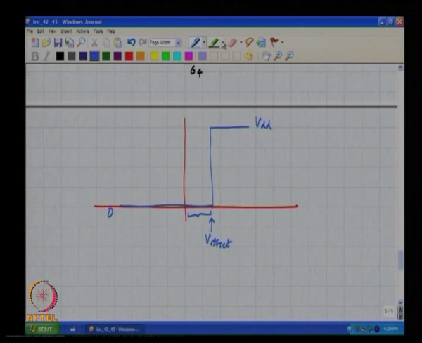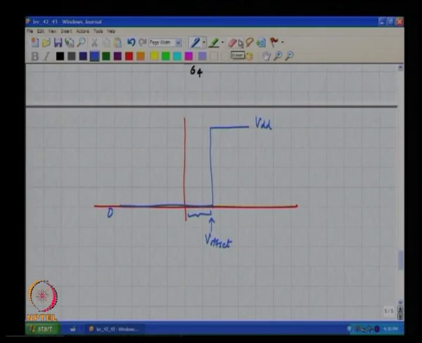And this offset, as we can see from our discussion, can be much larger than the LSB of the converter that we are trying to build. Now, the question is, what do we do about this? How do you think we can fix this problem? Clearly, the latch as such has decision levels which are in error by too large an amount.